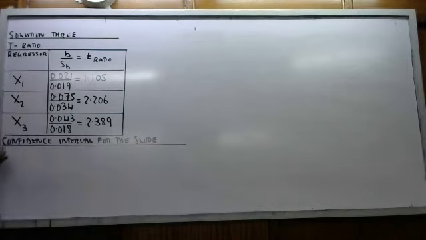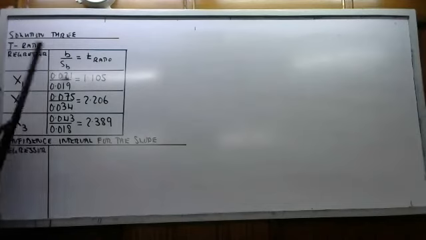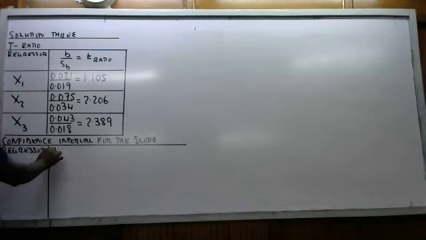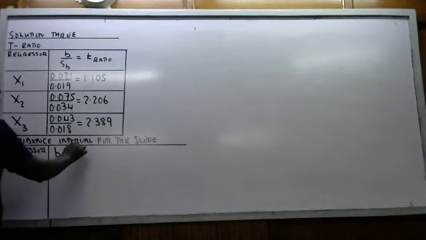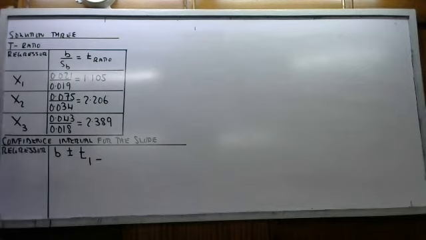Again, we will have the regressor, and we know the formula. The formula says you get B plus or minus T with 1 minus alpha.